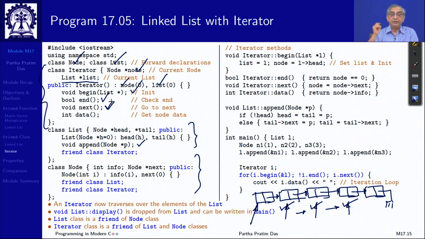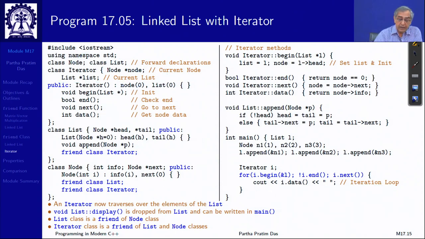Then when I am at a node, I will need to get the data of that node, because otherwise why am I iterating? I want the information of the node. So, these 4 functions, begin, end, next and data, form the interface for an iterator. These 2 data members form the implementation of the iterator.